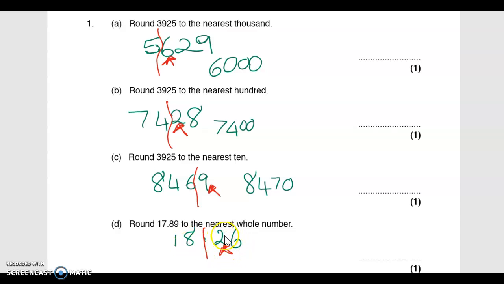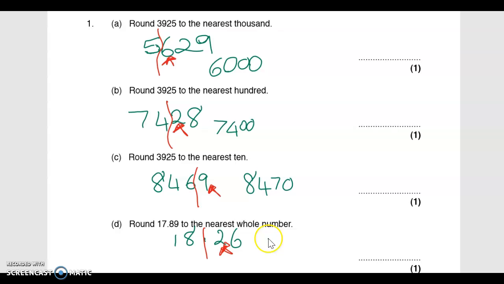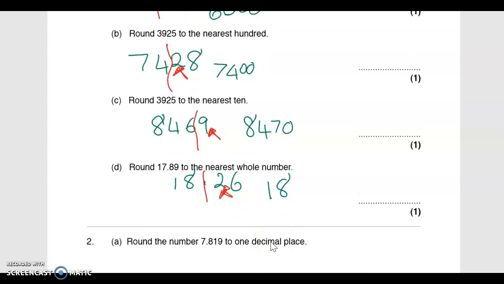Does the 2 round the 8 up? No, it doesn't. So I'm going to end up with the number 18 rather than 19, which is what it would round up to if this was bigger.